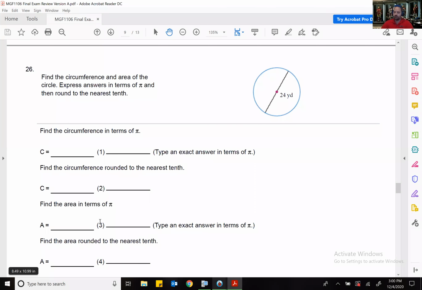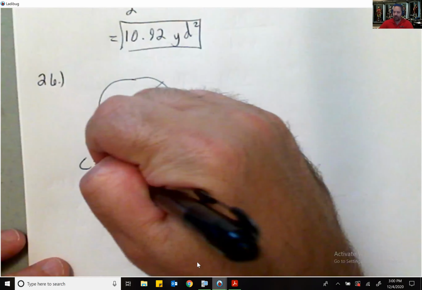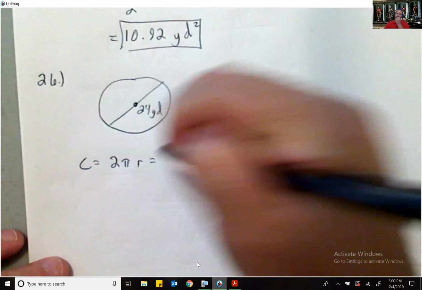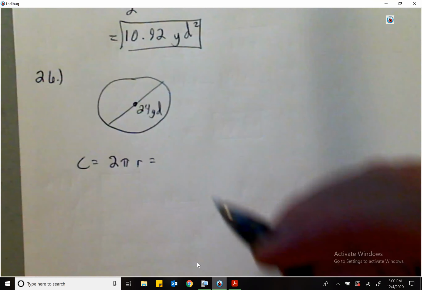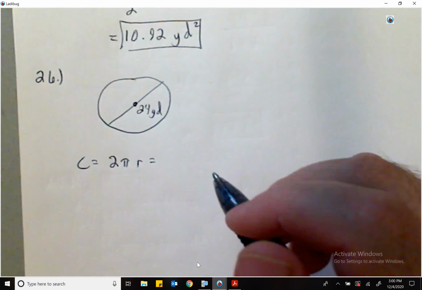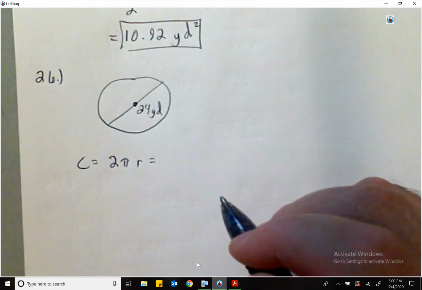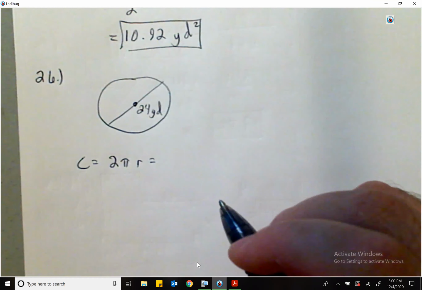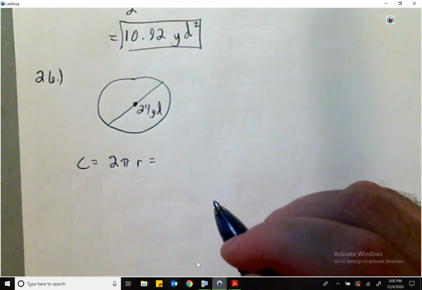All right. So you told me that the circumference is equal to 2 pi r, but there's also another one. What's the other formula for circumference? Is it pi times diameter?